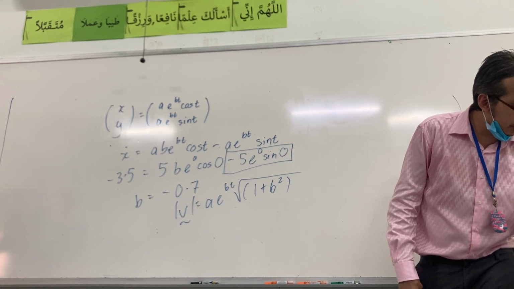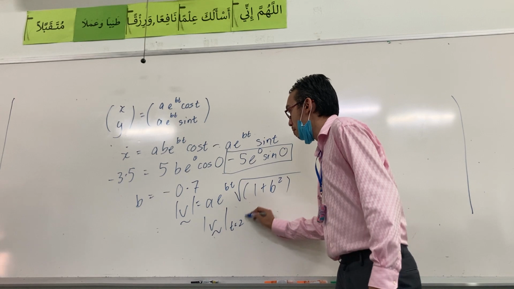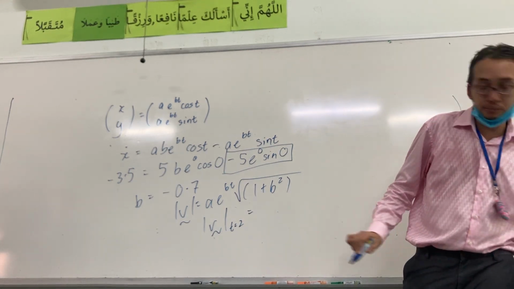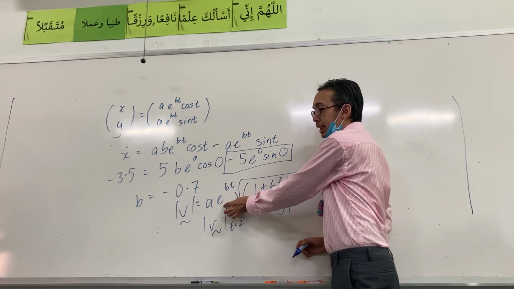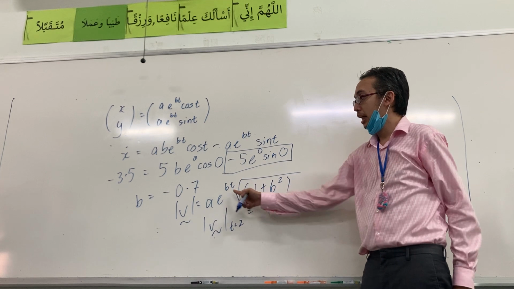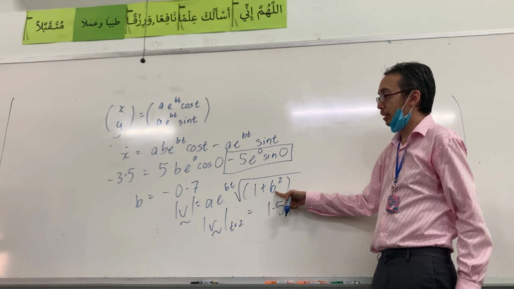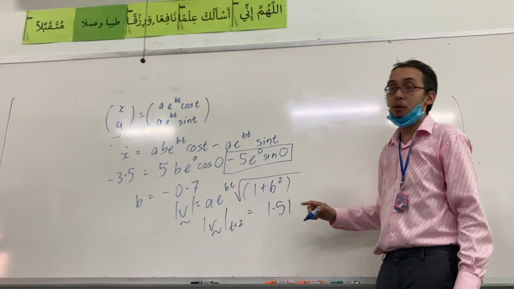So you put in and you will get the magnitude at t equals to 2. The answer is 1.51. So in the calculator: 5 e to the negative 0.7 times 2, times square root of 1 plus negative 0.7 squared. Then you get 1.51.